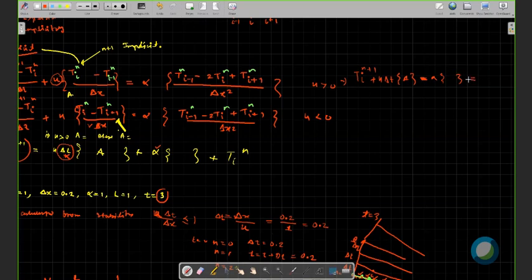Only thing left is T_i^n. So this particular thing will give you something like a coefficient matrix, and all T_i values.